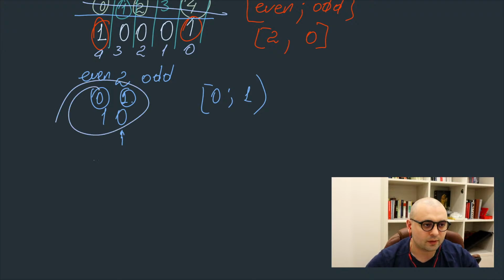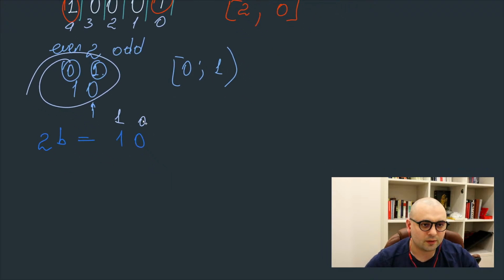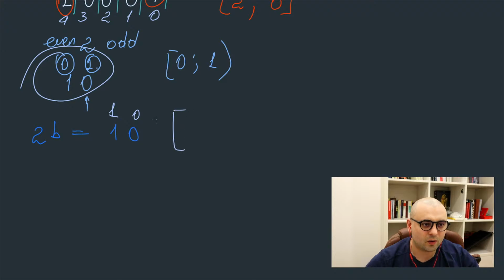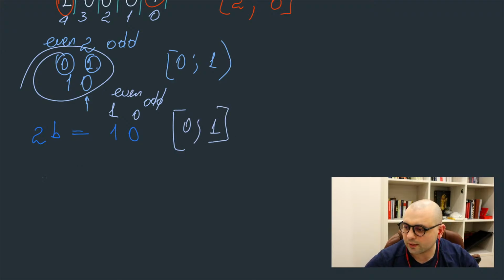Because now we have the value of 2 in binary being 1, 0. So we have 2 indices now. So this will be 0 and 1. So everything is cool. So now we have the odd part and the even part. So odd will be 0 and even will be 1. So now it's clear.